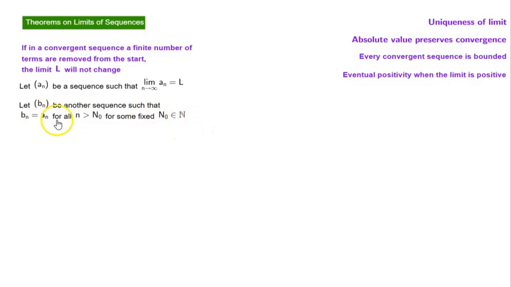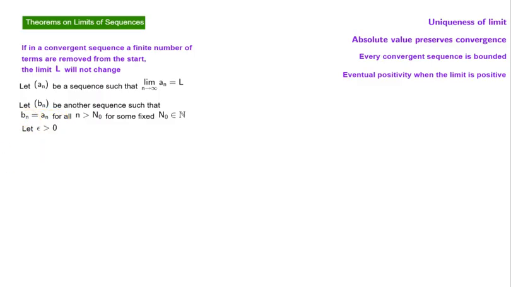So understand carefully what is happening here. We are basically removing the initial n naught terms. So here the nth term of B is equal to the nth term in A for all n greater than n naught. So that means the initial n naught terms have been removed from B sub n.